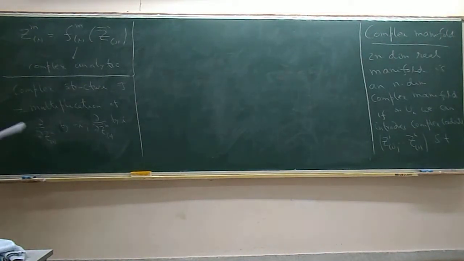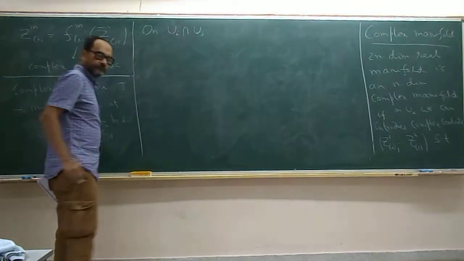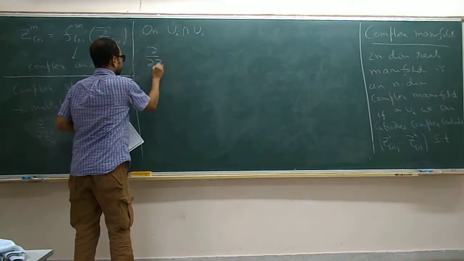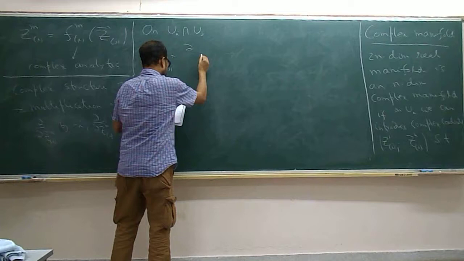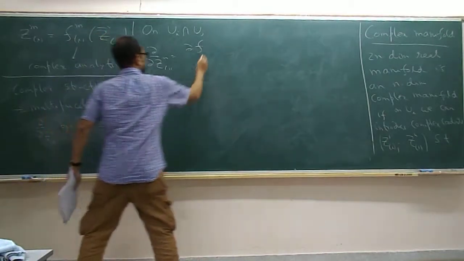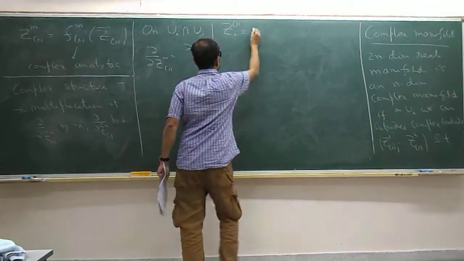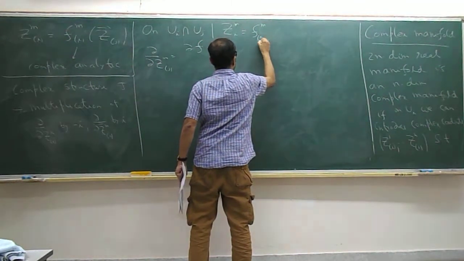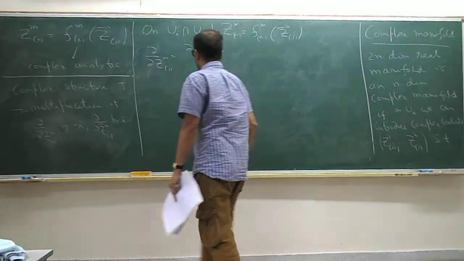So if we take U_i intersection U_j, then ∂/∂Z_m^j is, let me write this relation, Z_m^i is f_m^i of Z_j, right? This was what I had introduced.